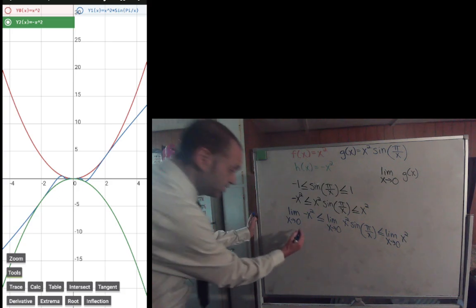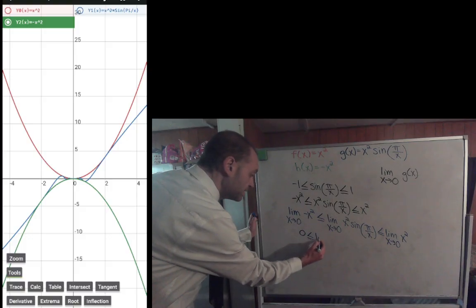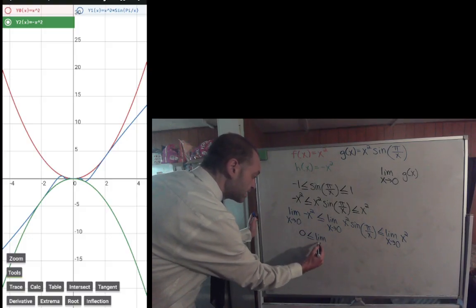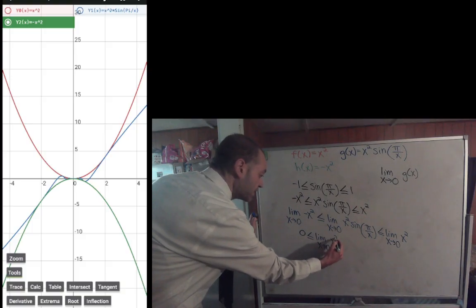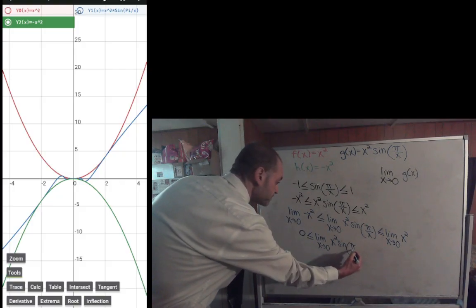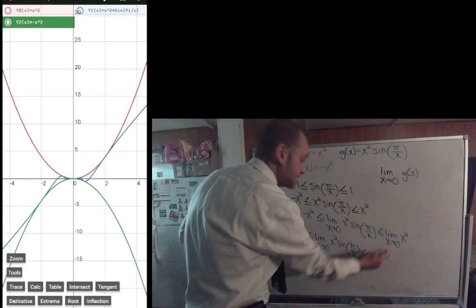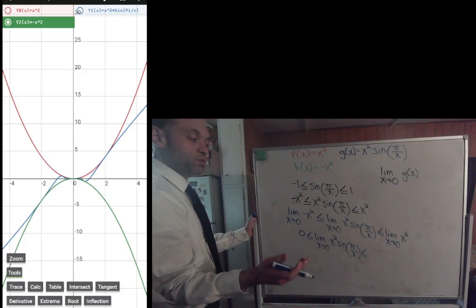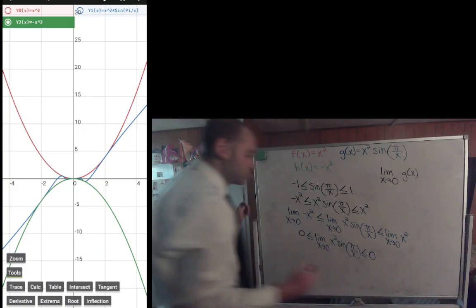We can get 0 less than or equal to the limit as x approaches 0 of x squared sine of pi over x, less than or equal to the limit as x approaches 0 of x squared, which we can use direct substitution for and also get 0.